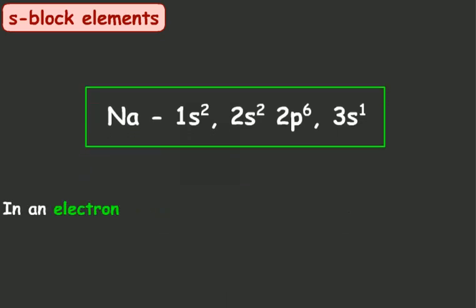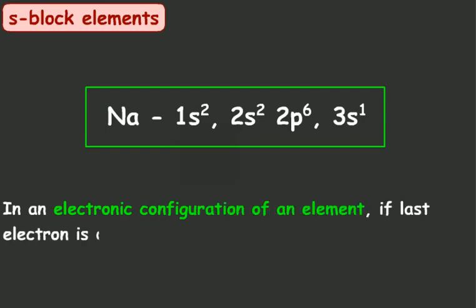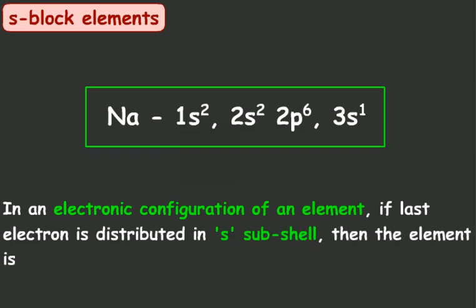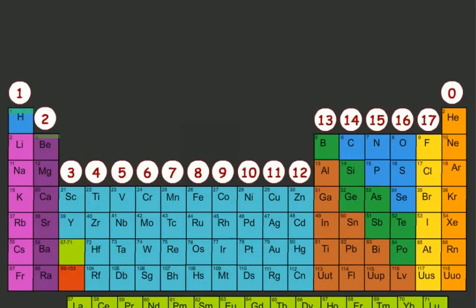In an electronic configuration of an element, if the last electron is distributed in S subshell, then the element is an S-block element. All the elements of group 1 and 2 are S-block elements.